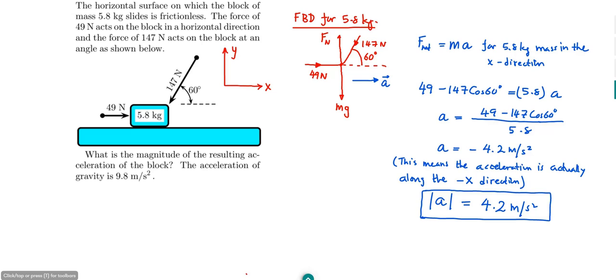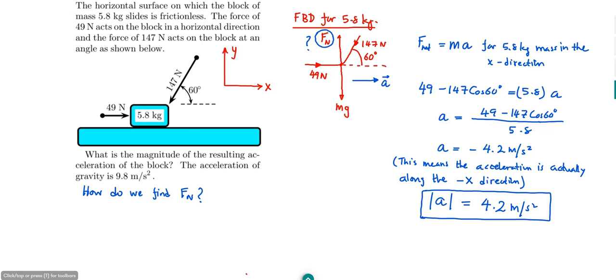Now there's a connected problem apart from this question: how do we find the normal force? That's also something important. How do we find the normal force? So let's try to do that. How do we find Fn, the normal force acting on this 5.8 kilogram mass?